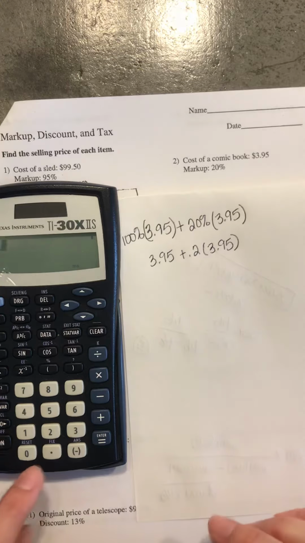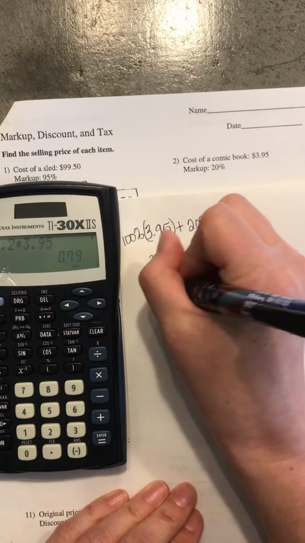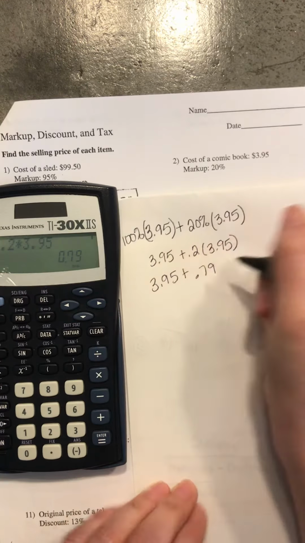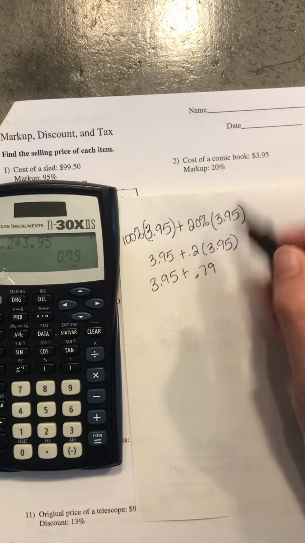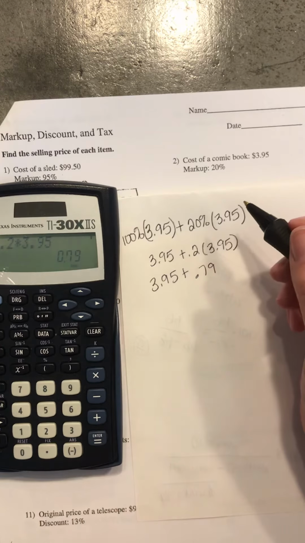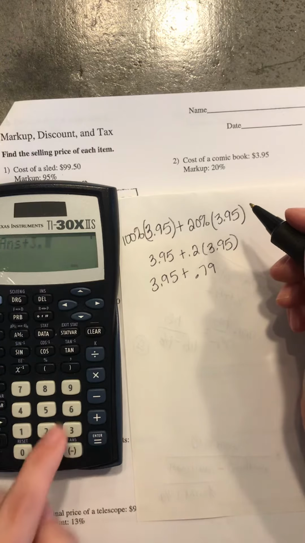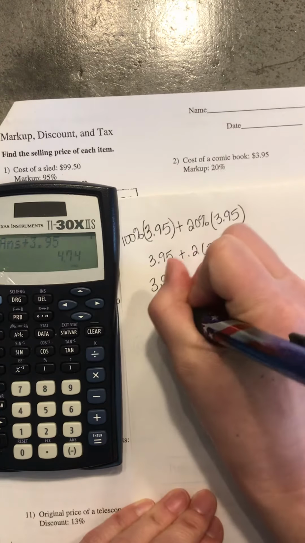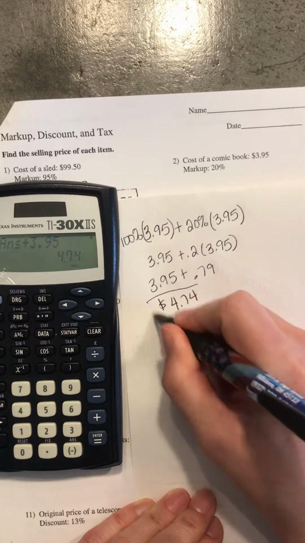I'll follow order of operations. 0.2 times 3.95 gets me 79 cents. So if we're putting in a 20% markup here, that's an additional 79 cents. So when I get my new price, $3.95 plus this, for a grand total of $4.74. That is the selling price of this item.